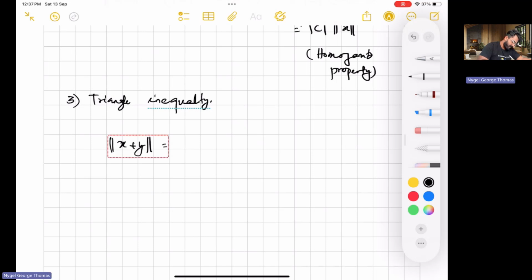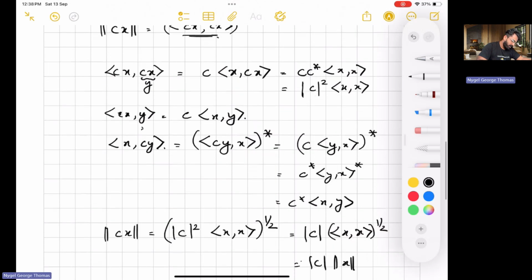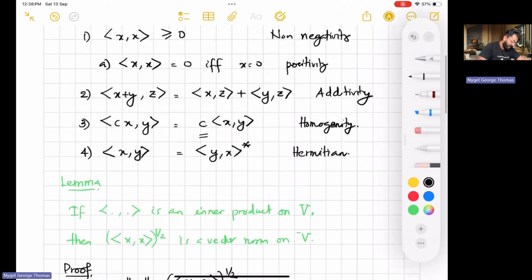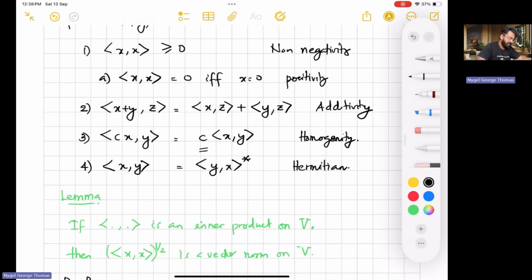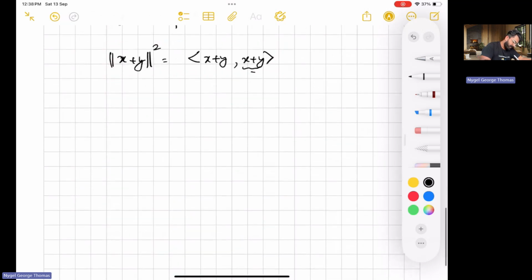Let's treat the square of this. This will be the inner product of x plus y with x plus y. We already know we have an additivity property, right? For the time being, let's treat this vector as z.